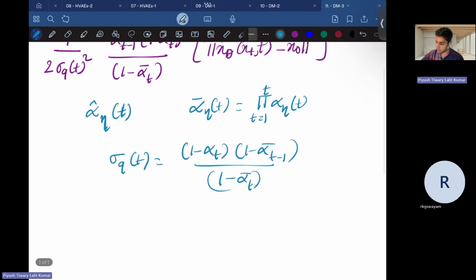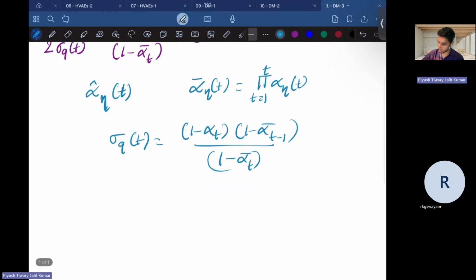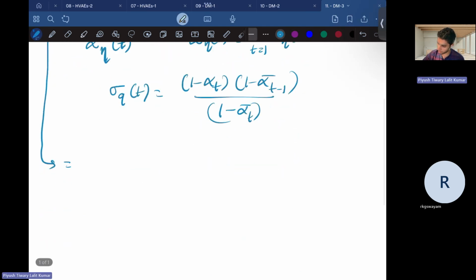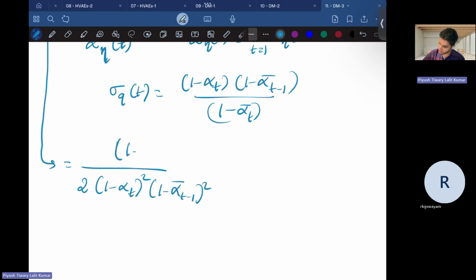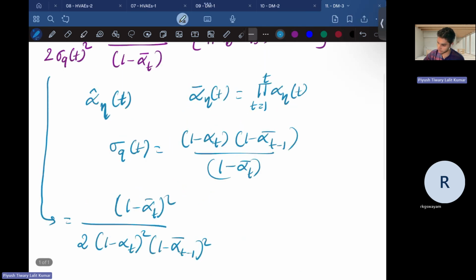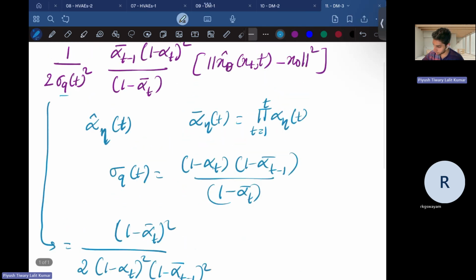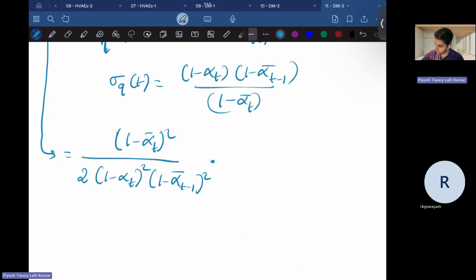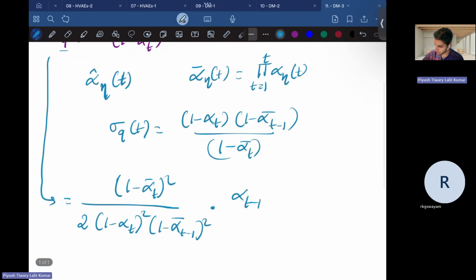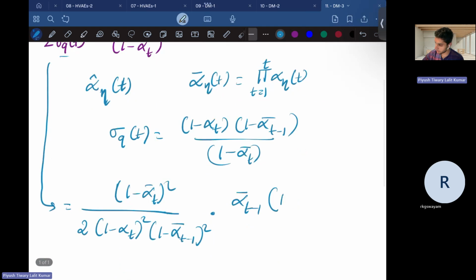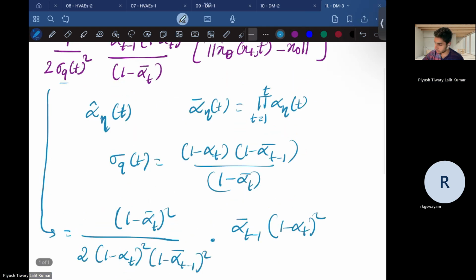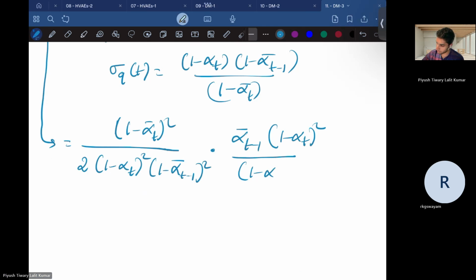So let's first substitute this sigma q in this objective to simplify it. This thing is equal to 1 over 2, 1 minus alpha t square, 1 minus alpha t minus 1 bar square, 1 minus alpha t bar square. I have just squared this and inverted it, into alpha t minus 1 bar into 1 minus alpha t square divided by 1 minus alpha t bar.